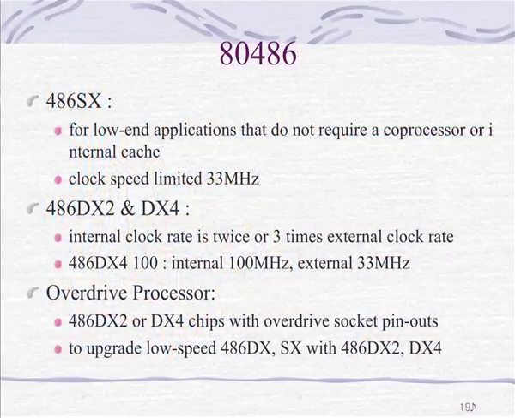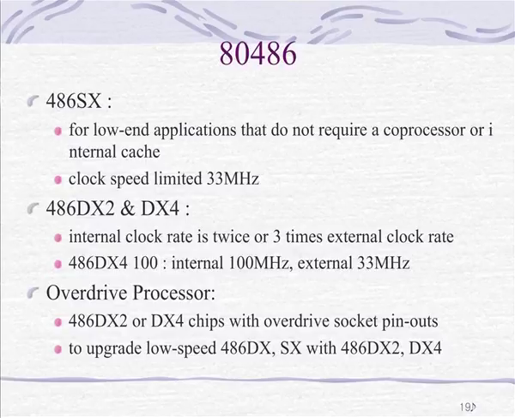Now, let us see some more features of 80486. The various options in 80486 are 486SX for low end applications that do not require a coprocessor or internal cache. The clock speed limit is 33 megahertz. Then we have 486DX2 and 486DX4. The internal clock rate is twice or 3 times the external clock rate.